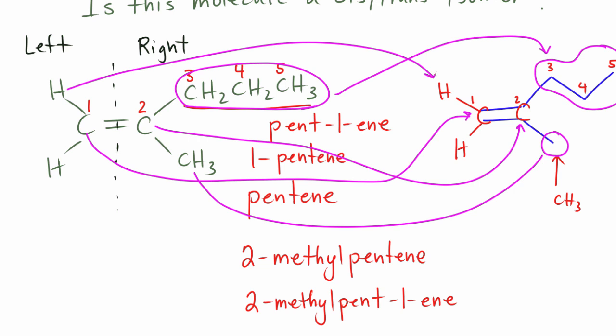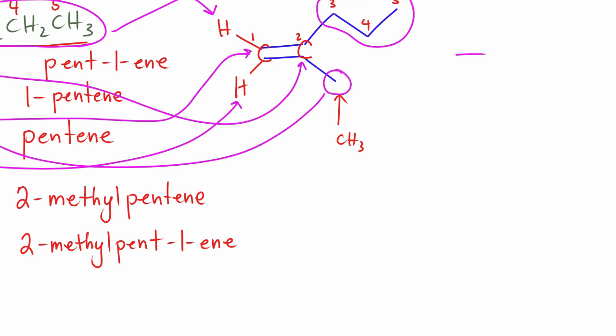This hydrogen will be represented by that, or left blank, or that hydrogen will be represented by that, or left blank. You have to realize that that is the exact same structure as this and this. Okay? All right.